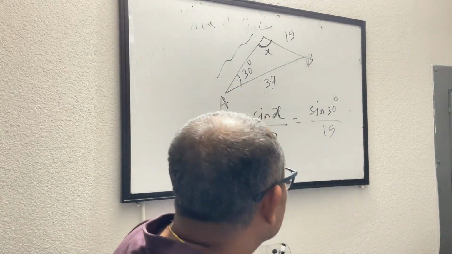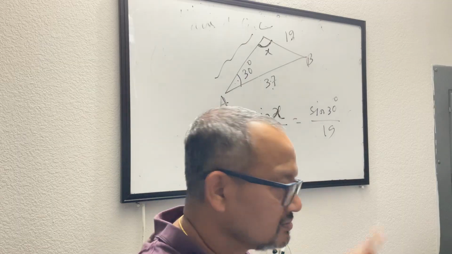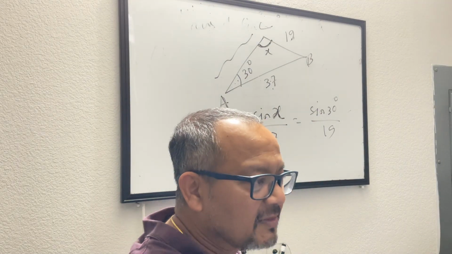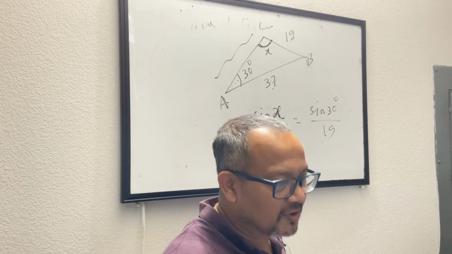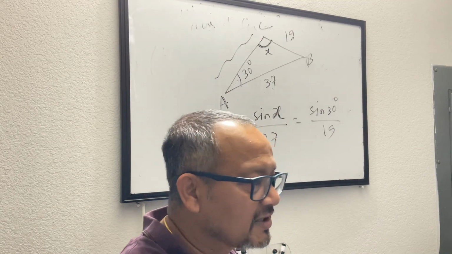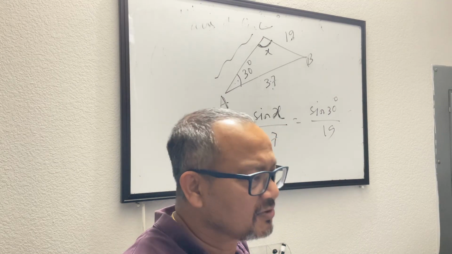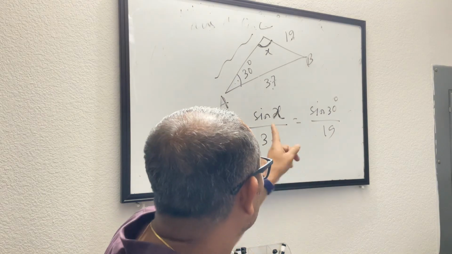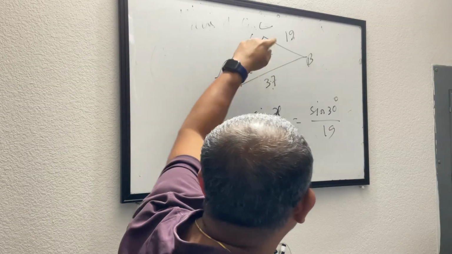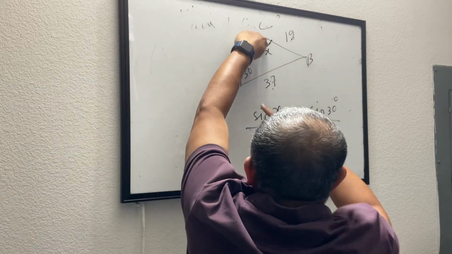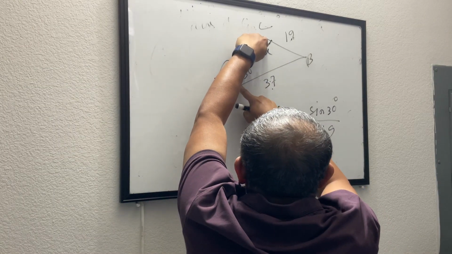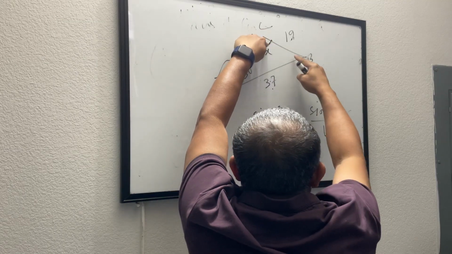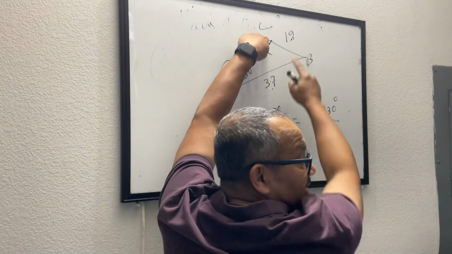Sine of 30 we all know. Put that value, and you can find the value of sine of theta. Then from that you can find what angle has that sine, using a calculator. That's okay. So, once you know this angle, you have figured out this angle, you can find out this angle now.